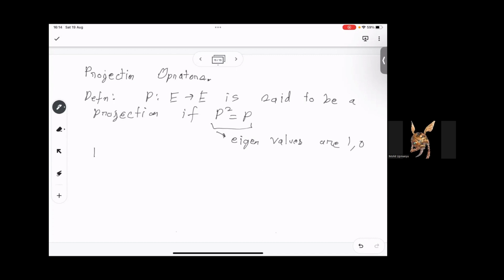Another thing to notice is that (1 minus P) squared is equal to, we can just expand this out, identity minus P, so it will itself be identity minus P, right? So I'm going to write this as 1 minus P from now on. And this thing therefore also has eigenvalues 1 or 0 in the same matrix.